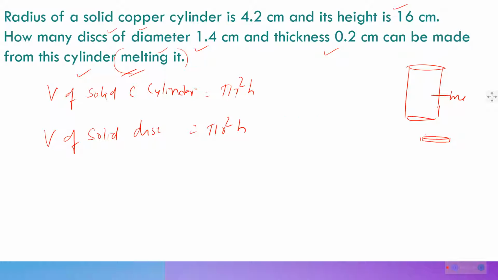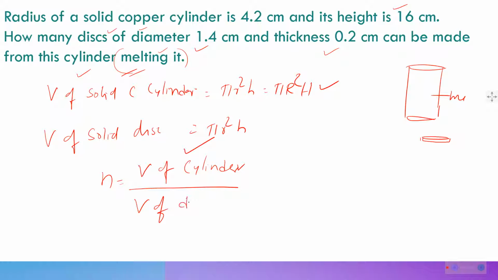So this is pi r square h for the bigger one, pi is common, this is the smaller one. Now we will substitute, we have to get the volume and divide it with this volume. So why can't I write number of discs will be equal to volume of cylinder upon volume of one disc.